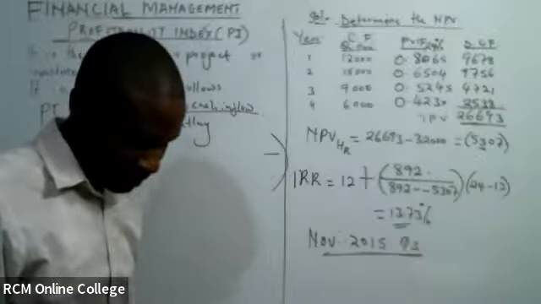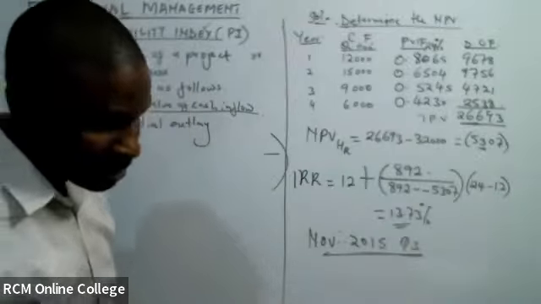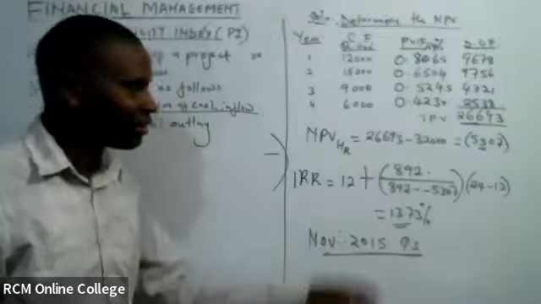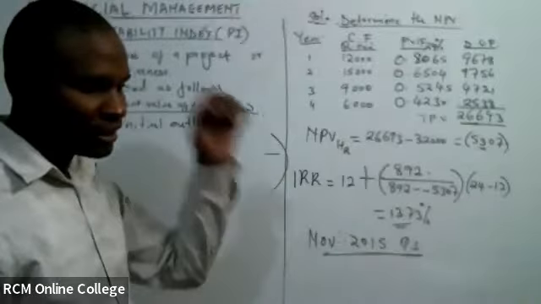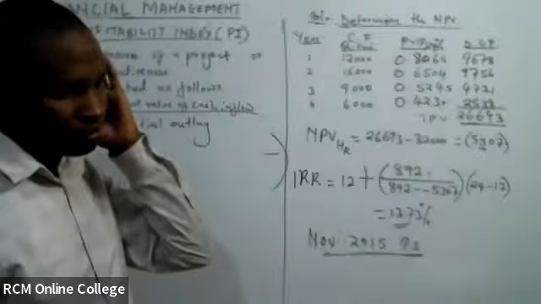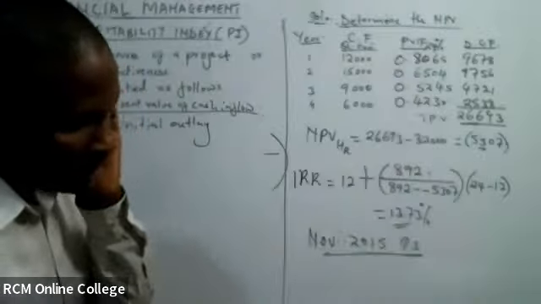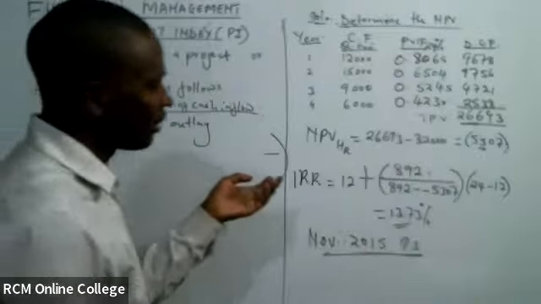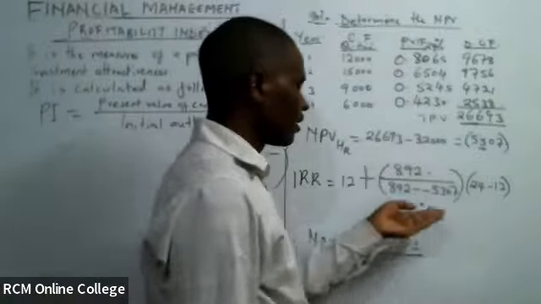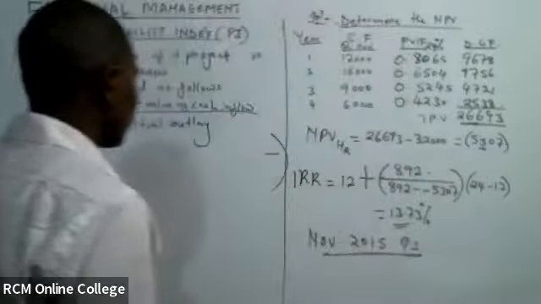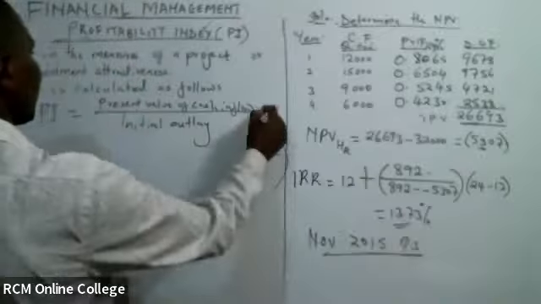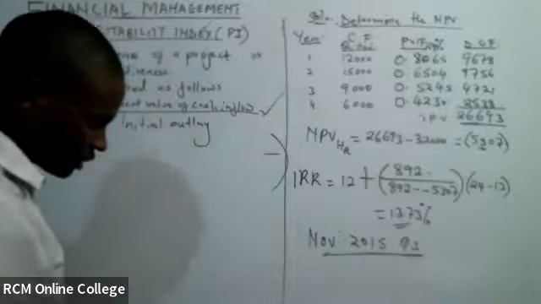Now, in our question, do we accept, reject, or may accept? Yes, we accept because the IRR is greater than the 12, the cost of capital, which was 12. So this is how we get the PI, the profitability index.